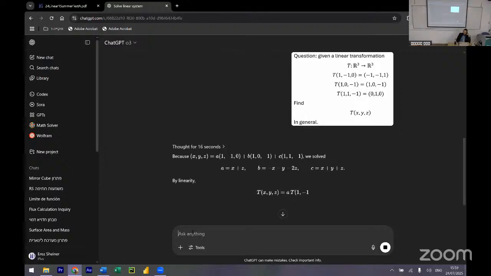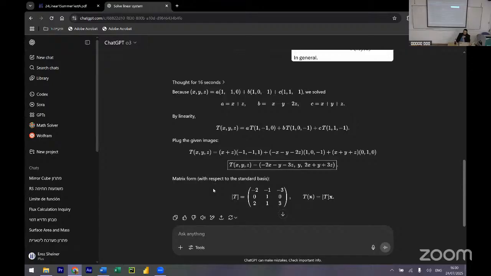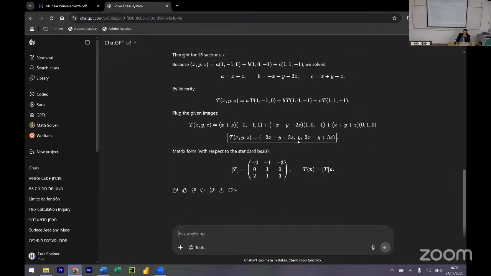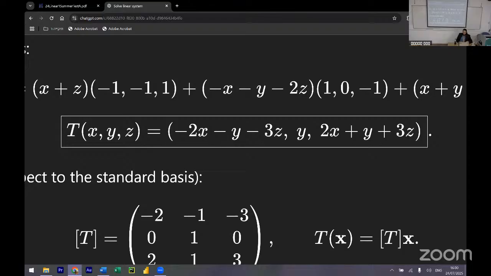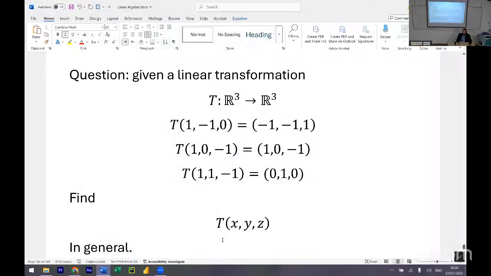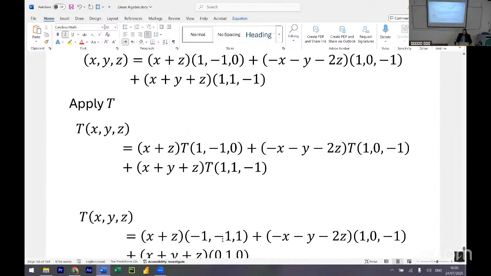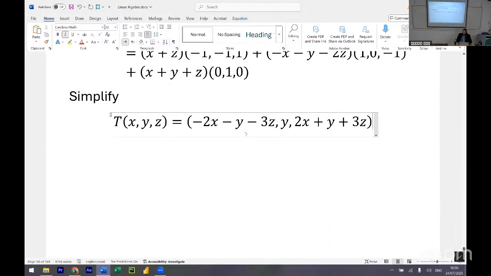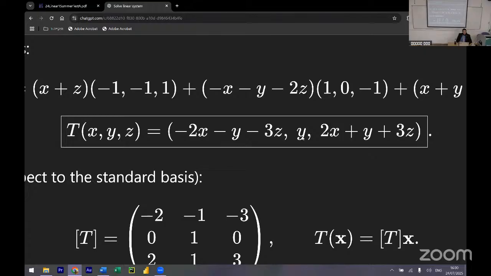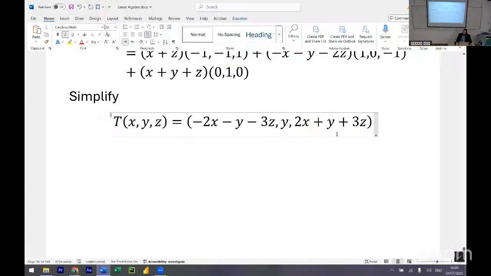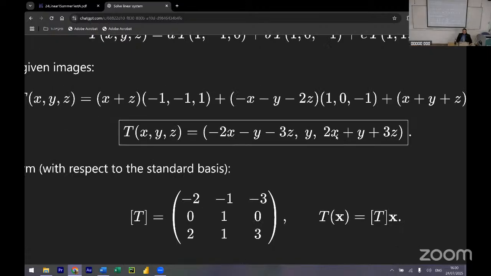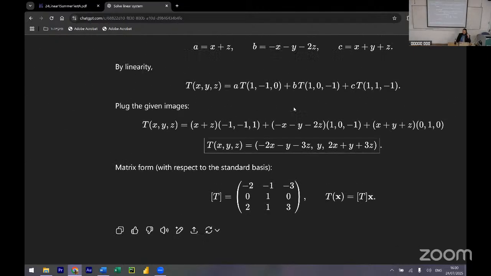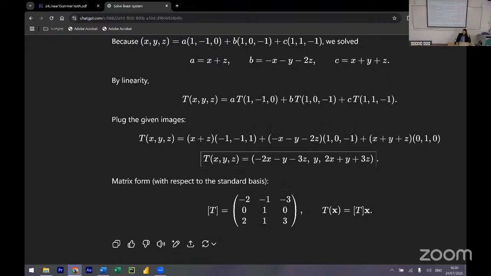So he's checking. Look at how easy it is for him. Okay, he also gave us the matrix just to be cocky. So it's minus 2x minus y minus 3z, y, 2x plus y plus 3z. Yeah, exactly. And the way he solved it, look at it. It's the very way we did it.